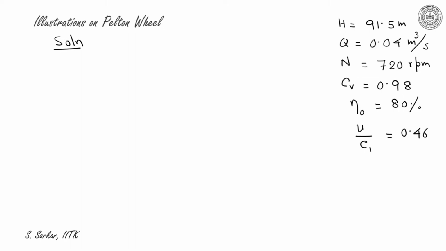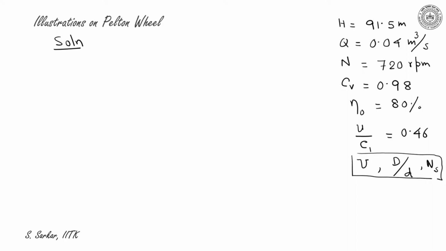We need to calculate U, bucket speed, wheel diameter to jet diameter D by small d, and specific speed ns.